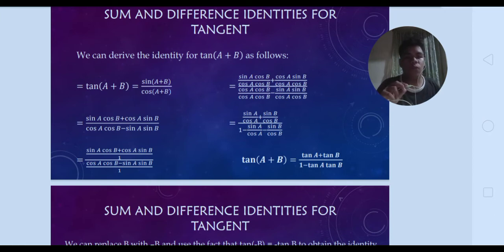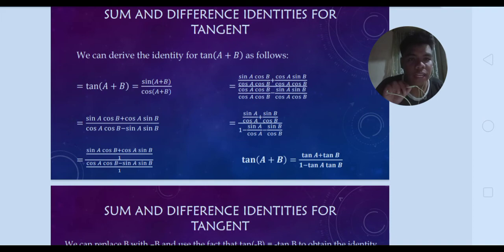When we multiply numerator times numerator and denominator times denominator, which results in sine a times cos b over cos a times cos b plus cos a times sine b over cos a times cos b, divided by cos a times cos b over cos a times cos b minus sine a times sine b over cos a times cos b. And then we have to simplify it.